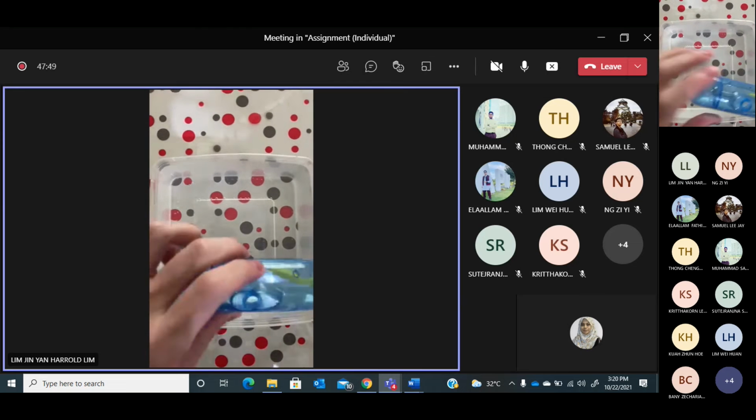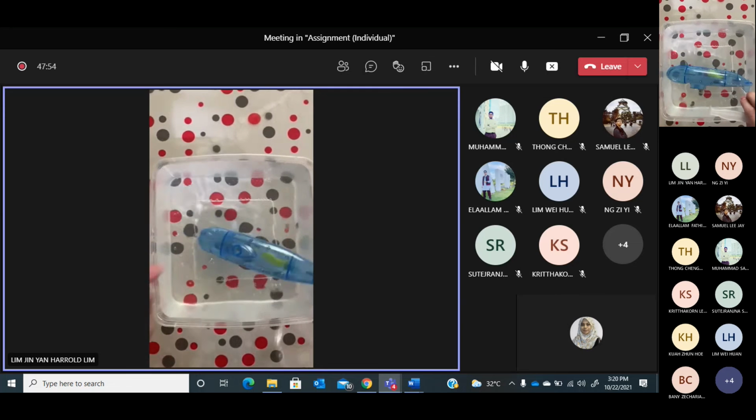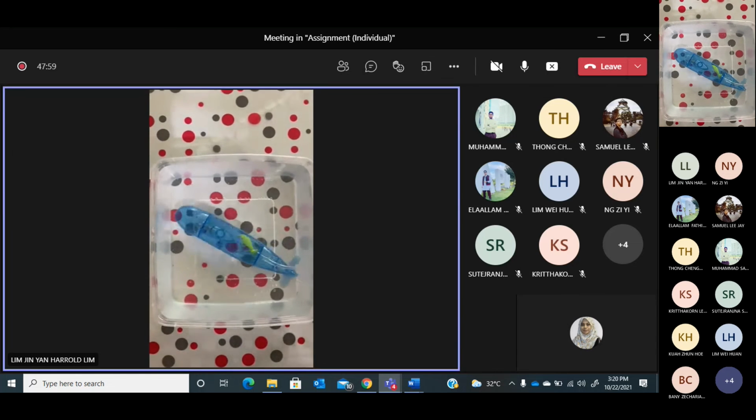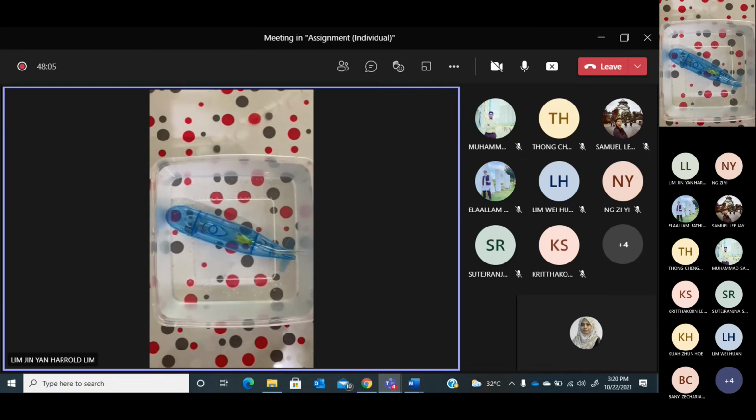Now I will sink the submarine in the water. Now you all can see the submarine sinks. This is because there is no air inside the balloon, and the buoyant force is less than the object's weight.